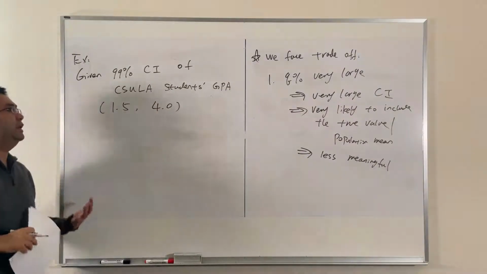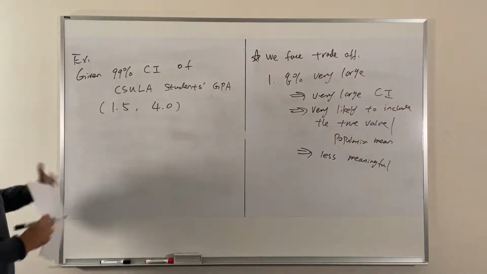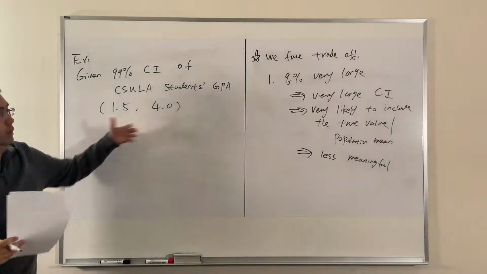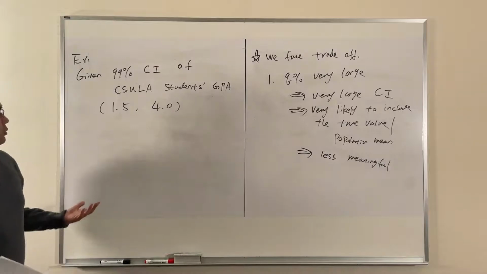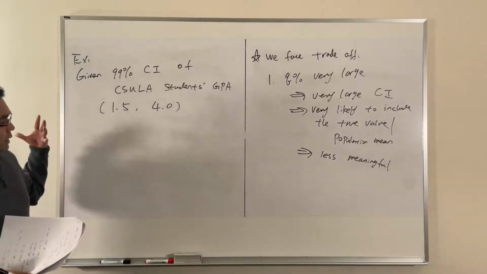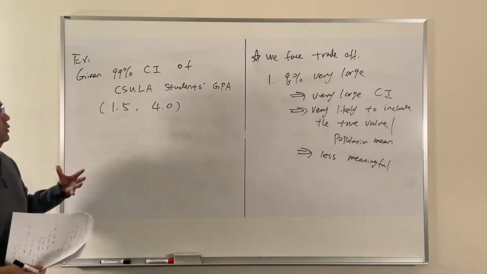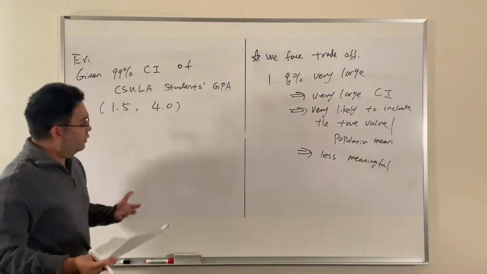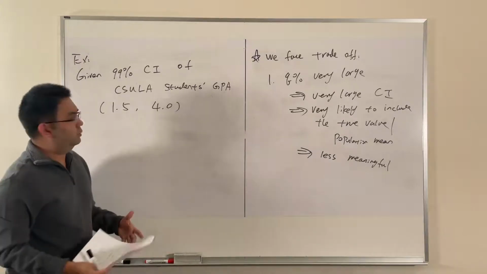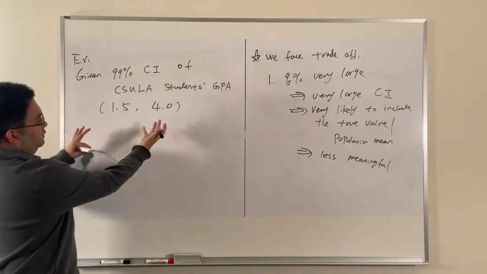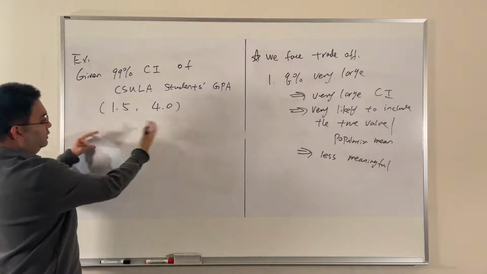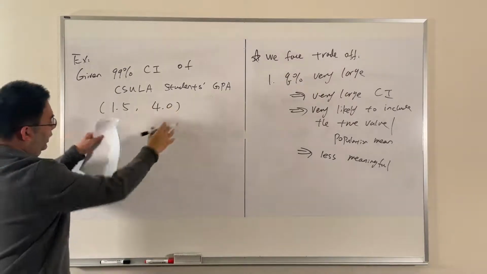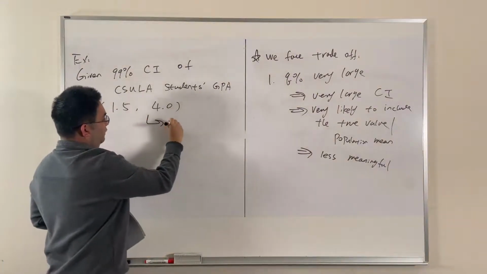So we're 99% certain that the true value is in here. So it's very likely to be true, right? It's very likely that the true average or the population average is in here. But it's not very meaningful, it doesn't help us a lot, right? So, is it true? Yes, but it doesn't help us. The range is too wide. So, not very helpful.